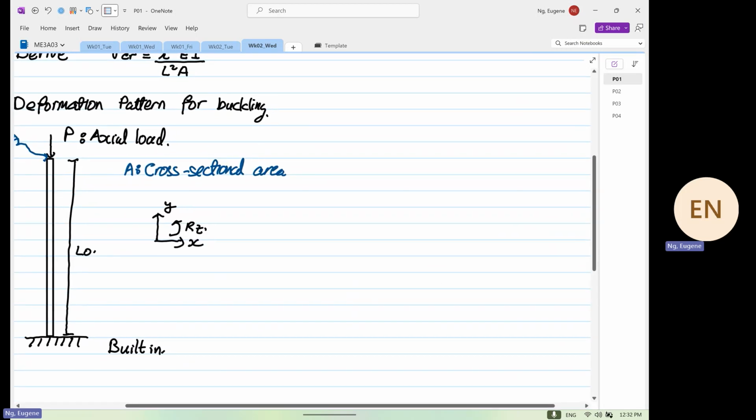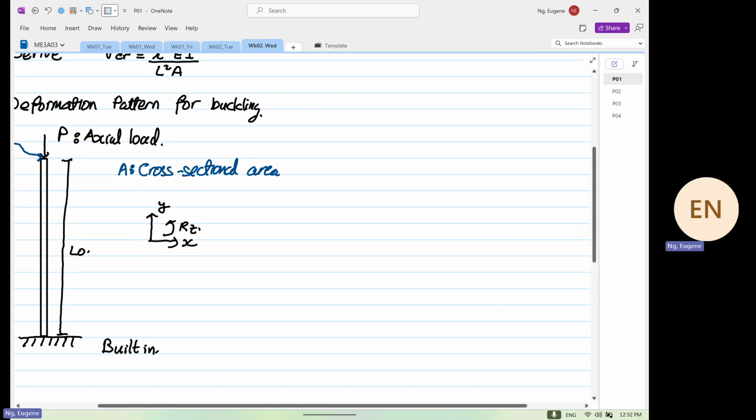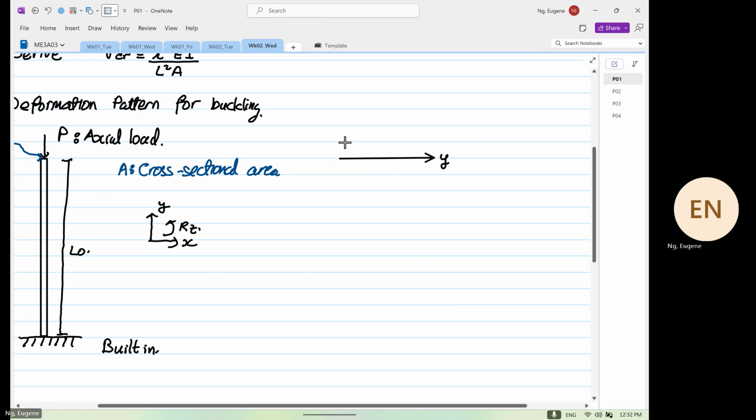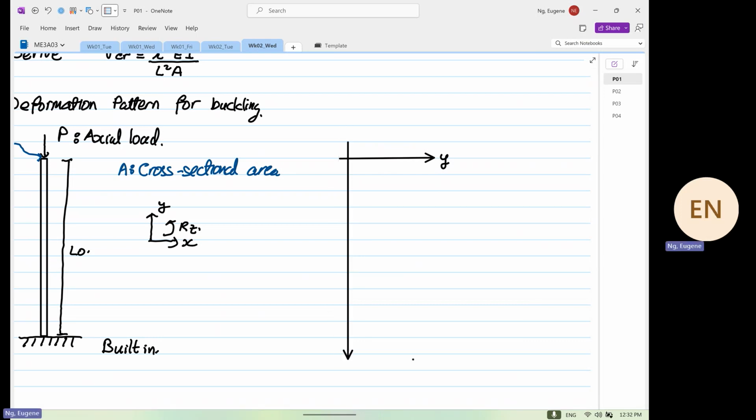The next diagram I'm going to draw on the right hand side now, okay, we have two axes. So this is one of the axes. Okay. So this is, I'm going to label this as our y-axis. And another axis that we're going to have, this will be our x-axis.